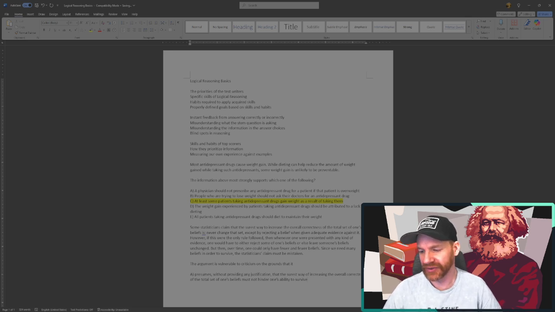Yeah, I don't think the argument supports that presumption. This one is subjective, right? It's arguing from a subjective stance that you never change that set except by rejecting a belief when given adequate evidence against it.